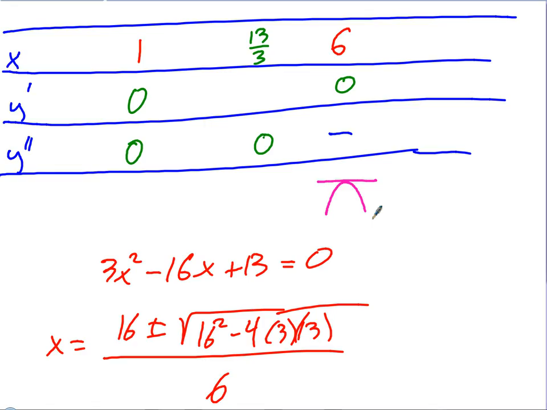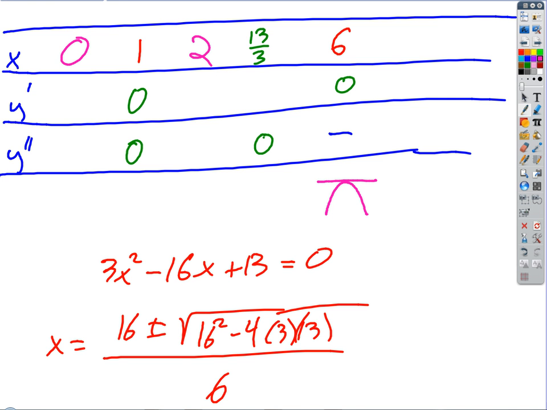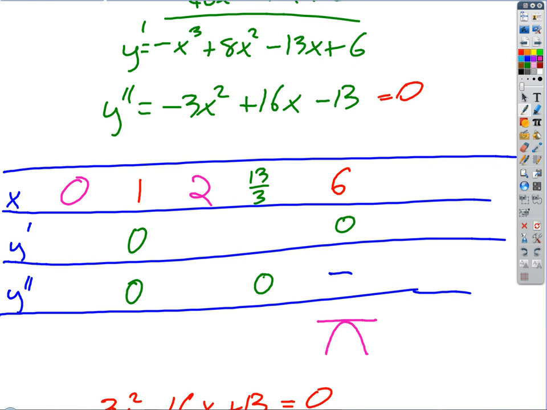What's probably a good test point to the left of 1? 0. Oh, why not? 0, right? And in between, I don't know, 2. Okay, nice. So if we test our second derivative then at 0, that's an easy one. Negative 13, right? If I test the second derivative at 2, that's going to be positive, isn't it?